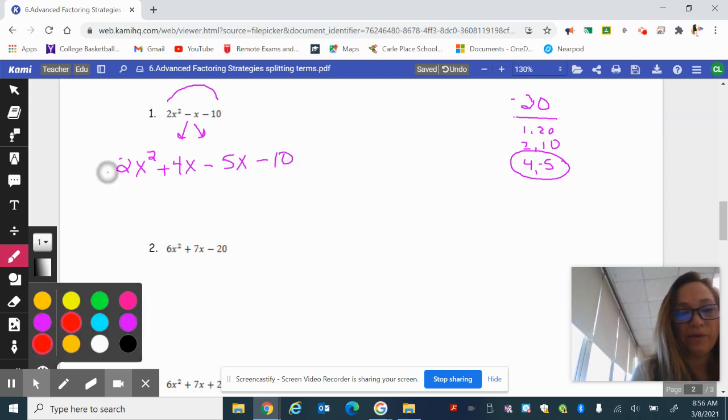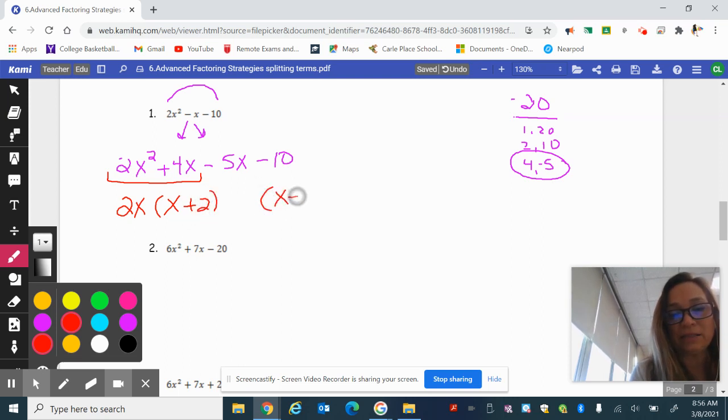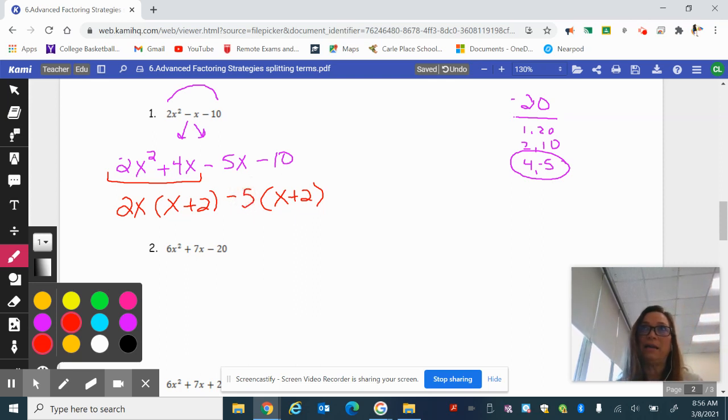So now I'm going to work only with the front, and I'm going to pull out a 2x. And that leaves me with x plus 2. Now here's the key. This has to be x plus 2 because those always have to match. So that's why I'm pulling out a negative 5, which might not seem normal because we've never really pulled out a negative GCF before.